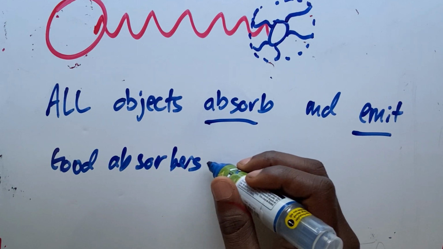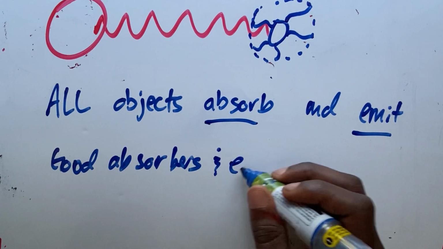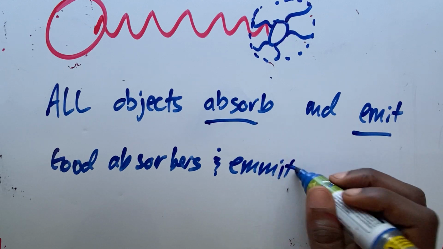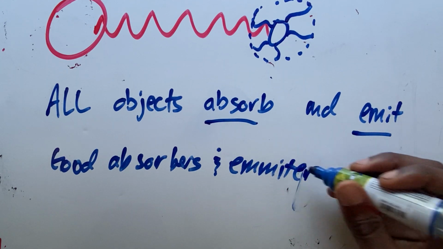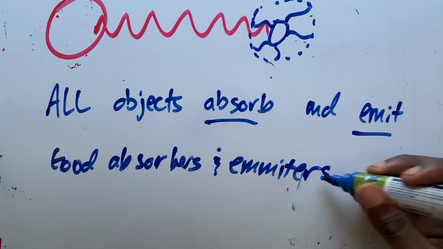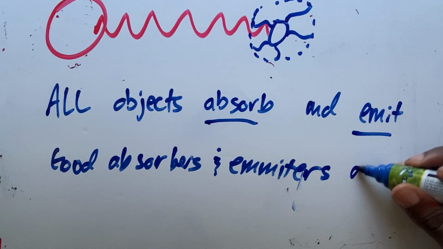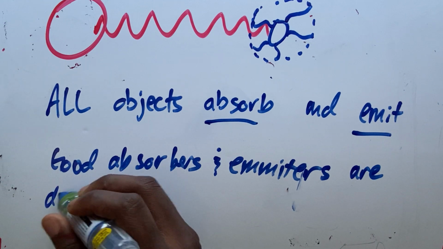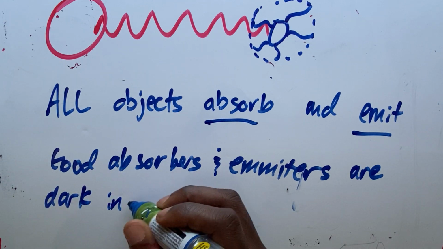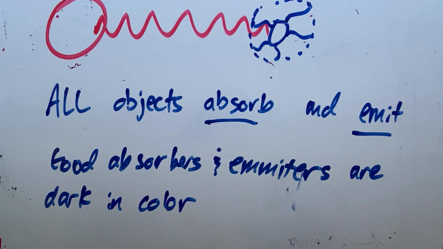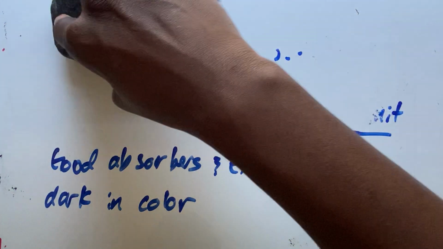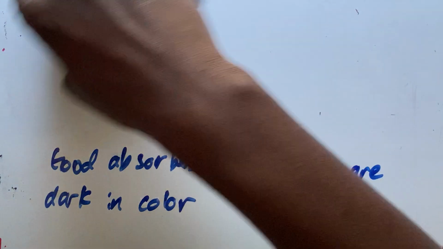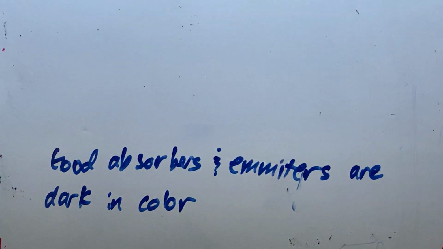Good absorbers, I'm saying, and emitters are dark in color, whereas poor absorbers and emitters, or things that are more reflective, tend to be lighter in color.